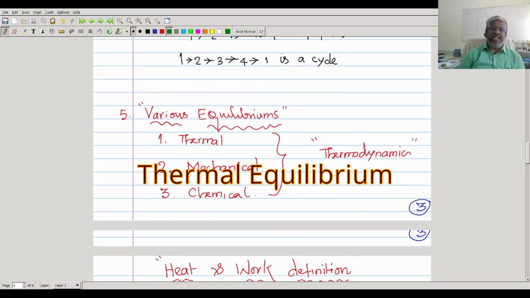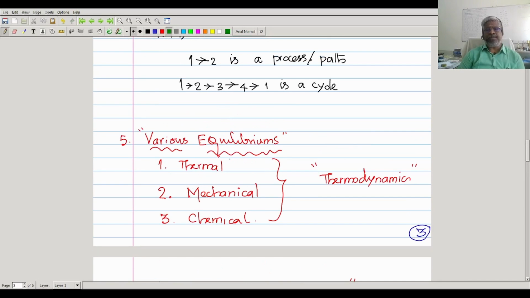If there is a system and its surroundings, and this system and its surroundings are all at the same temperature, say, for example, T1 and T2 are equal, that is, system and surrounding are at the same temperature, then you will definitely not expect any heat to flow from system to surrounding or surrounding to system.